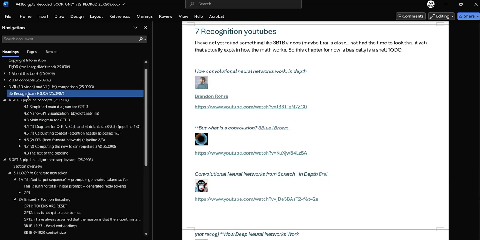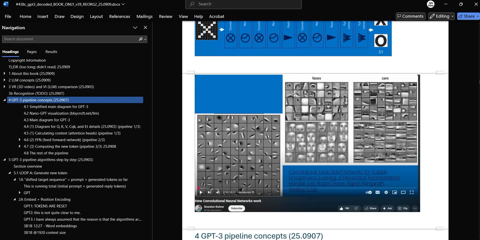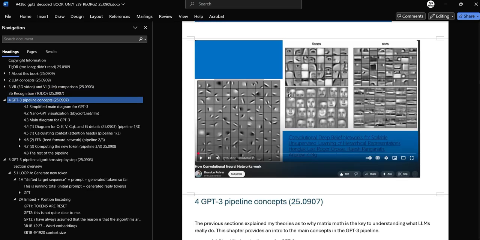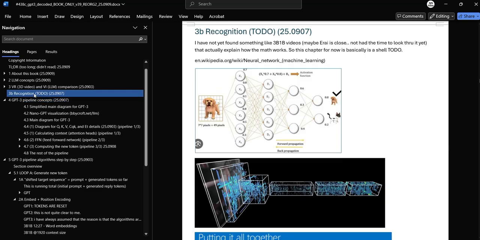The idea of this recognition chapter is to describe the algorithms of a simpler AI tool to help you better understand how the more complex algorithms in chapters 4 and 5 for GPT-3 operate. So if this is really hard, the idea is to go back and look at recognition first.